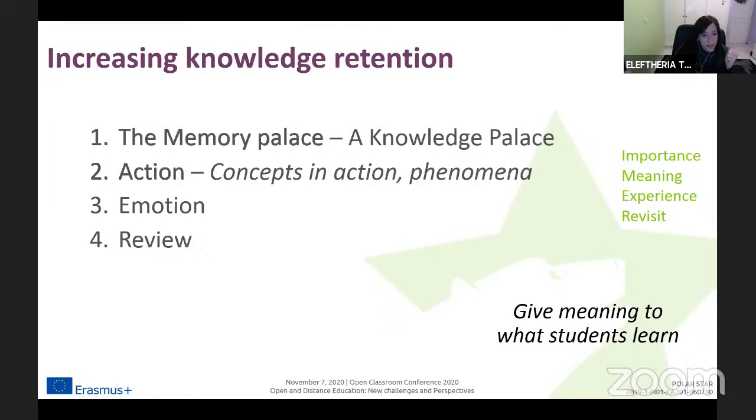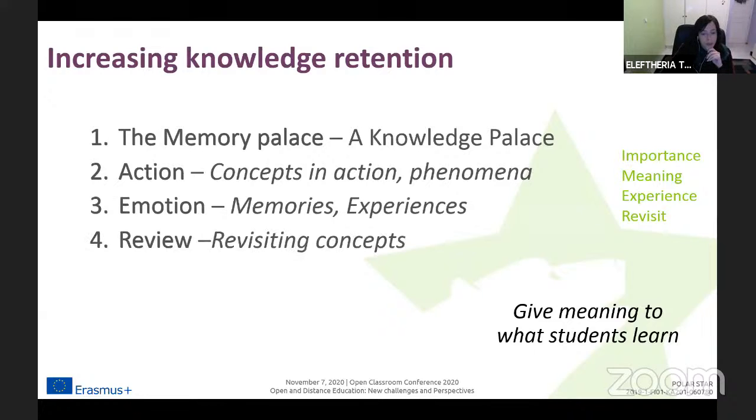Emotion comes into play by linking what we're teaching our students with their personal memories and their personal experiences. And review comes into play with revision, of course, revisiting concepts. So the 4 keywords that I mentioned earlier are conveniently enough linked to one of these steps of this memory trick.